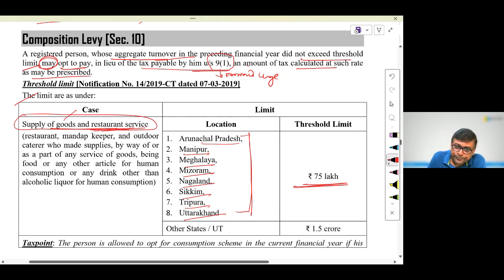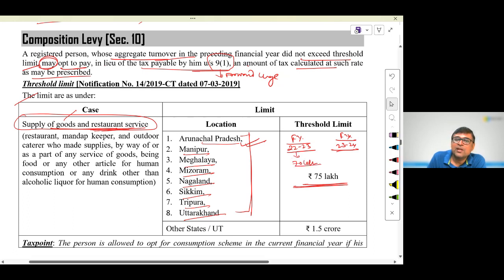For example, financial year 22-23, financial year 23-24. Say you are located in Arunachal Pradesh and your turnover in this particular year is say 70 lakh.